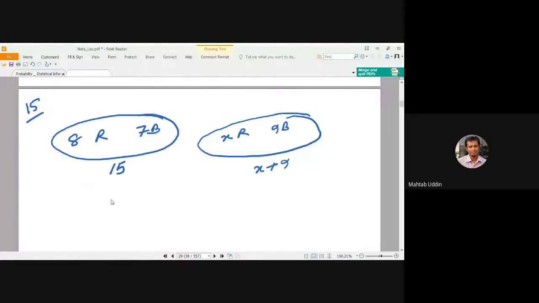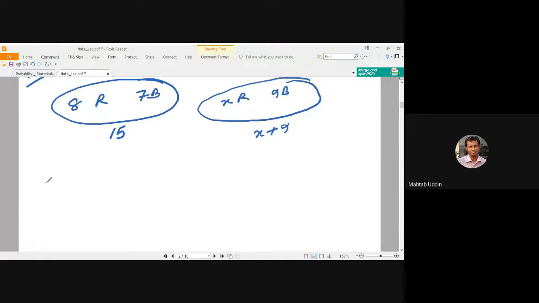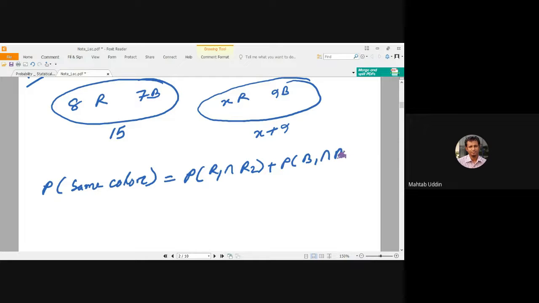So here we have to find the same color. Same color means probability of red from the first urn intersection red from the second urn, plus blue from the first urn and blue from the second urn.